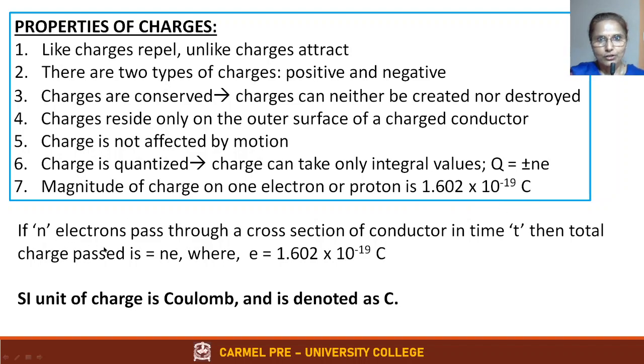If n electrons pass through a cross section of conductor in time t, then total charge passed is n times e, where e is the magnitude of charge of an electron or proton, which is 1.6 times 10 to the power of minus 19 coulomb. Coulomb is the unit of charge and it is represented as capital C. So SI unit of charge is coulomb.